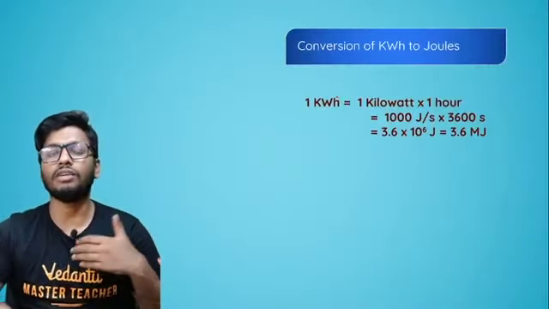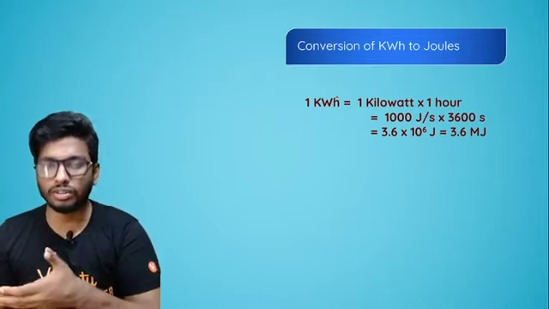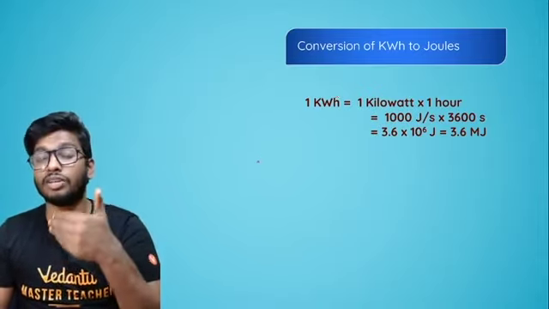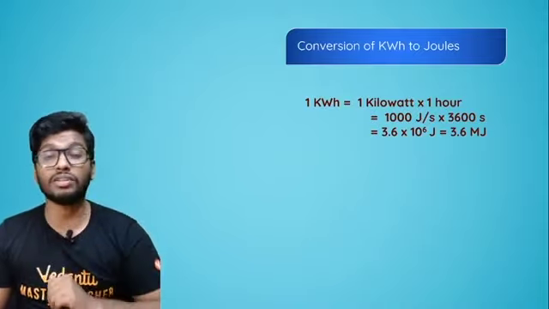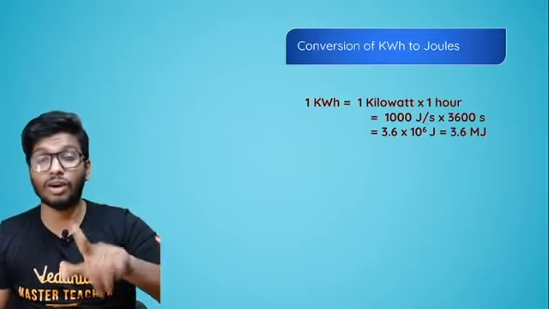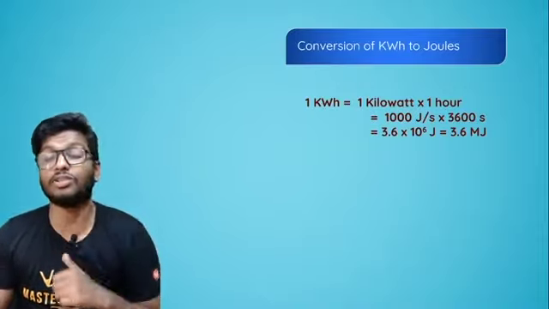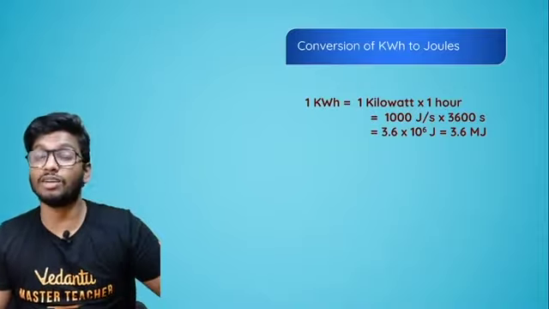If you talk about converting kilowatt hour to joules, 1 kilowatt hour is basically 3.6 into 10 to the power 6 joules. How did you come to that conclusion? 1 kilowatt is 1000 watt, which is 1000 joules per second, and 1 hour is 3600 seconds.